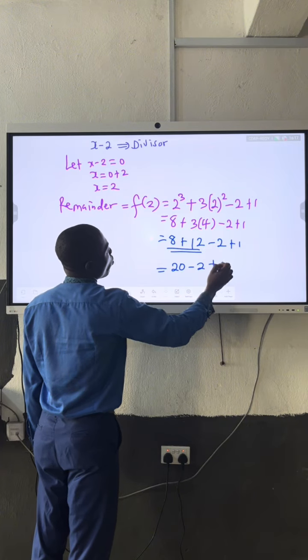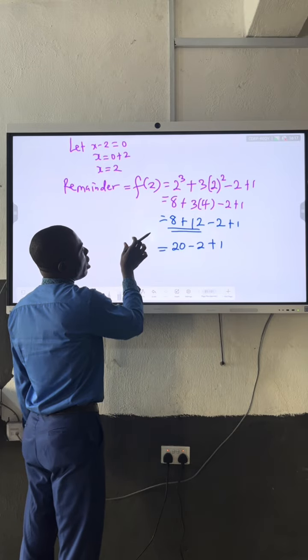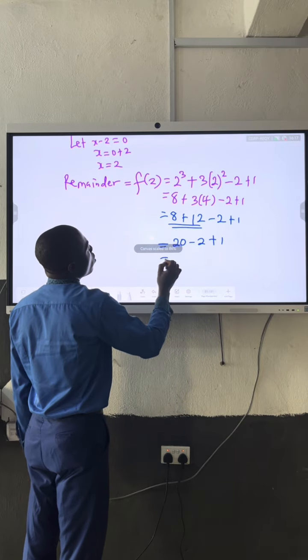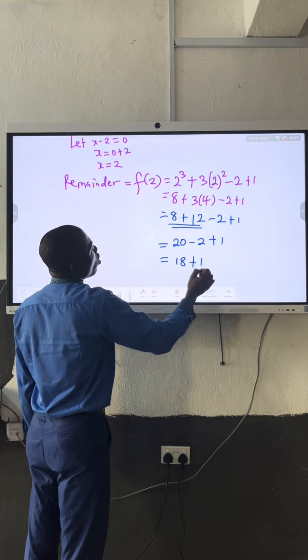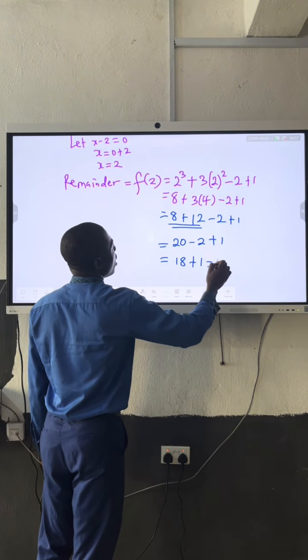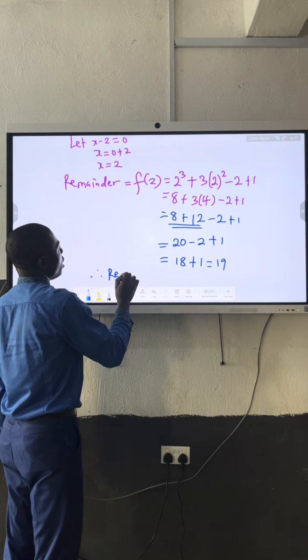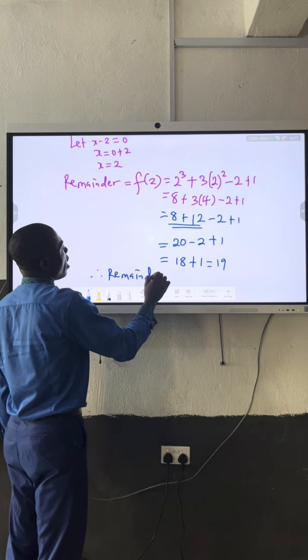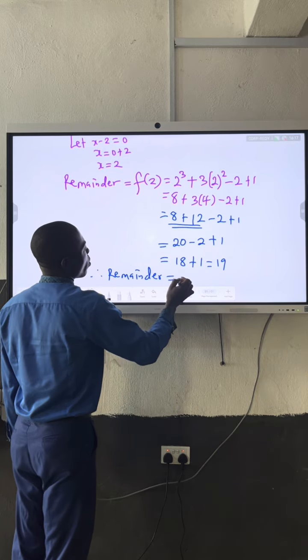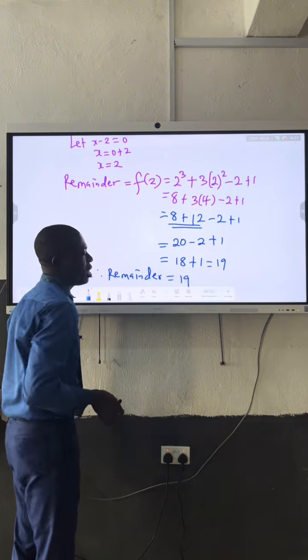Then take away 2 plus 1. So 20 take away 2 is 18, plus 1, you are going to get 19. Therefore, the remainder when f of x is divided by x minus 2 is 19.